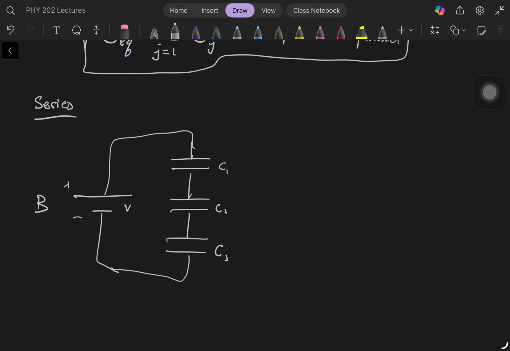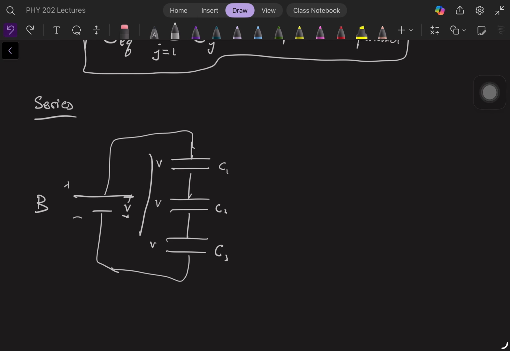We're going to say we have some total potential V. Now if these kept the same V, if this was also V, that's also V, that's also V, then we would have a potential drop of 3V, but only be providing 1V. So that's not right.